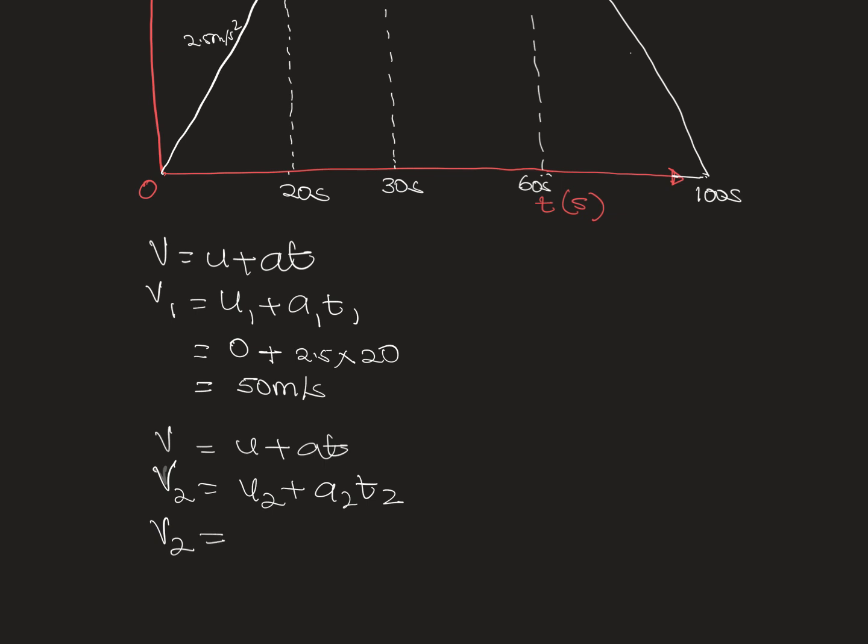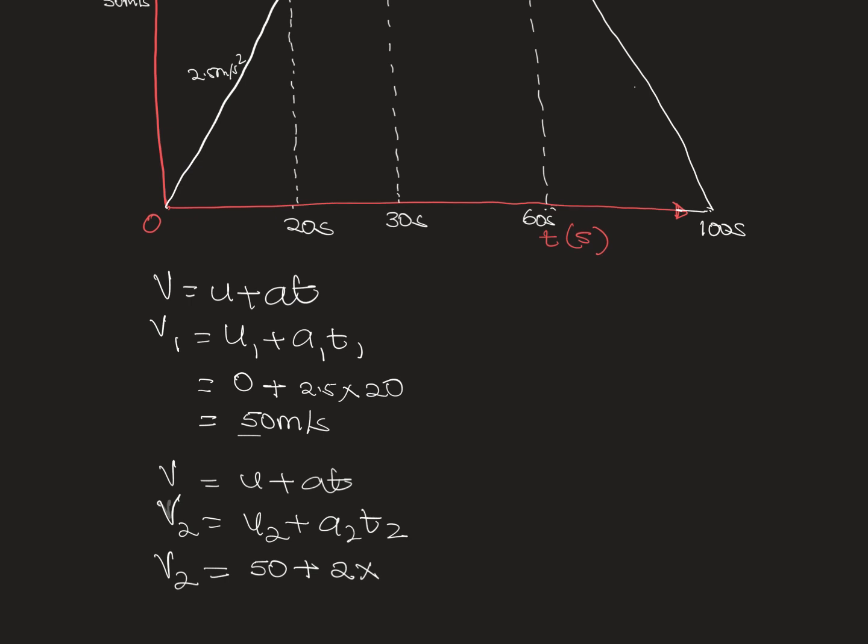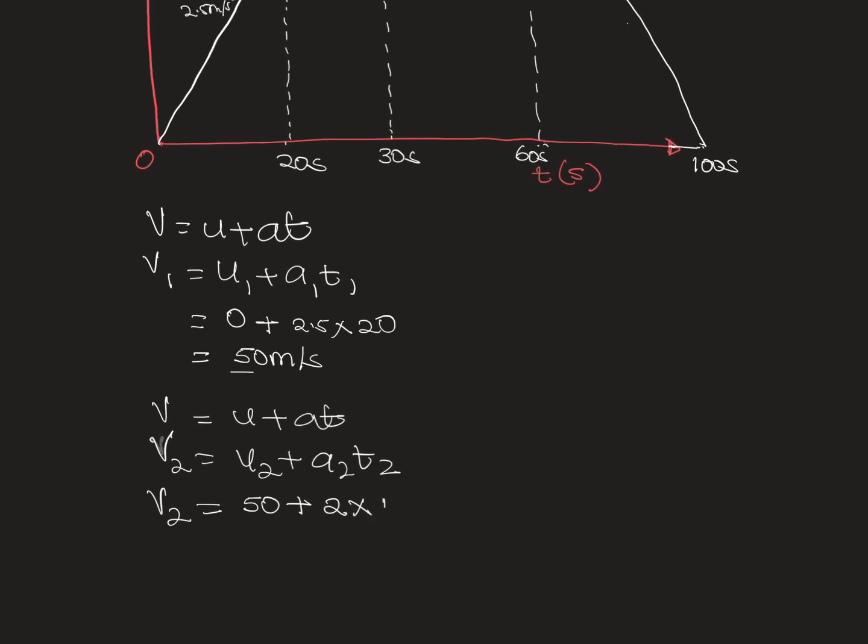u2, the initial velocity for the second event, would be equal to the final velocity of the first event. What was the final velocity for the first event? 50 meters per second. So that will be 50 plus the acceleration in the second event, 2 meters per second squared, times the time for the second acceleration, which was 10 seconds. So what are we going to have for that?